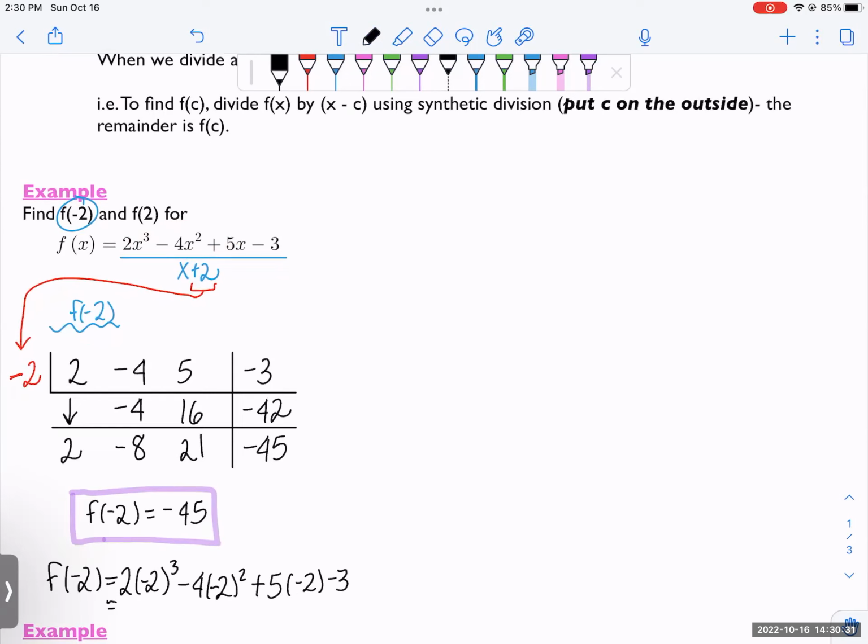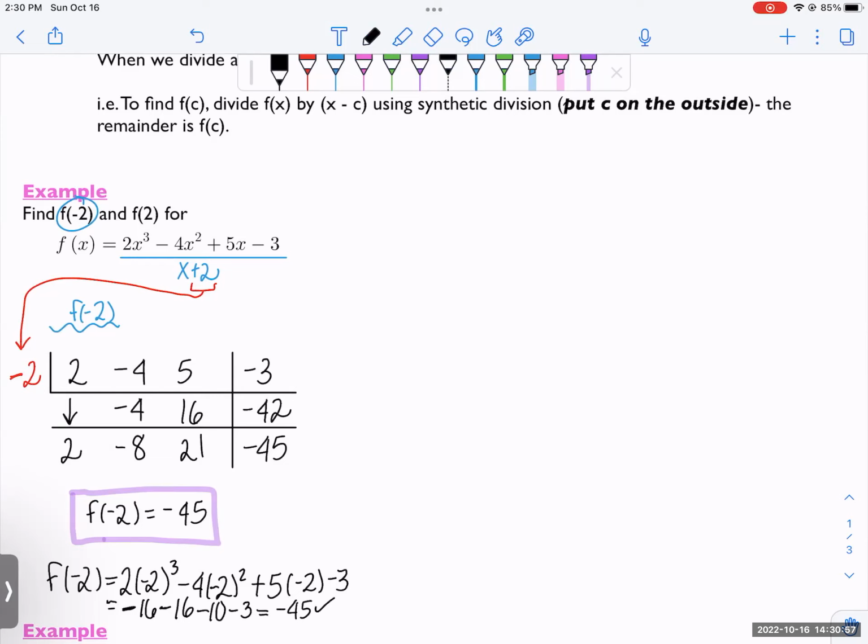Again, this is just to check your work. This isn't part of the problem. And let's see, we have -16, minus 16, minus 10, minus 3, -32, -42, -45.